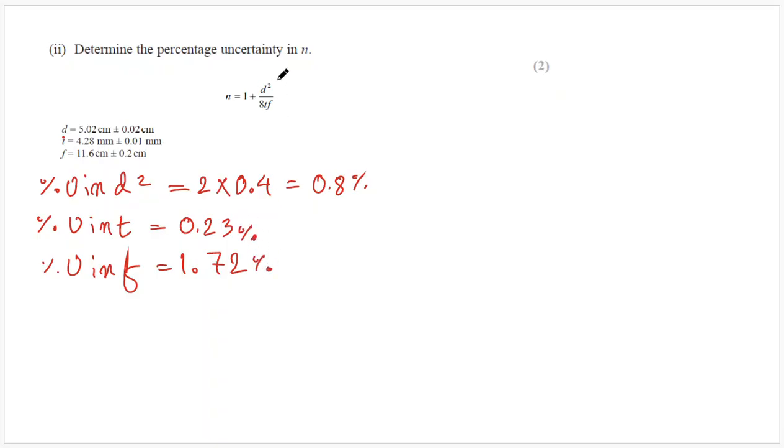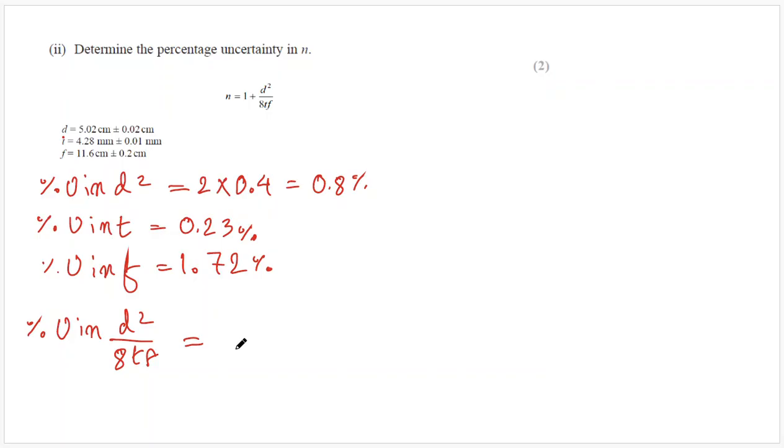Since all of these are in product or division form, you just add up all of their percentage uncertainties. So the value you deploy is percentage uncertainty in d squared by 8tf. Oh, one more thing. Constants such as 8 do not affect percentage uncertainty.